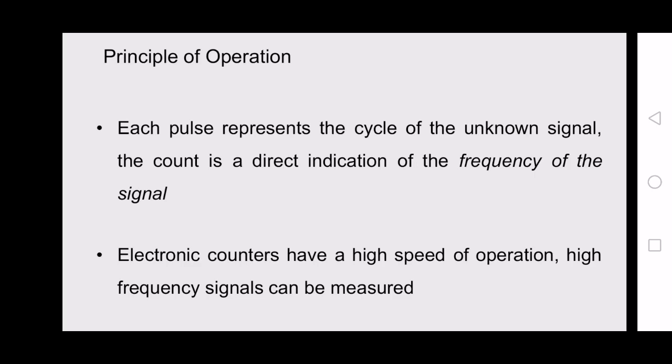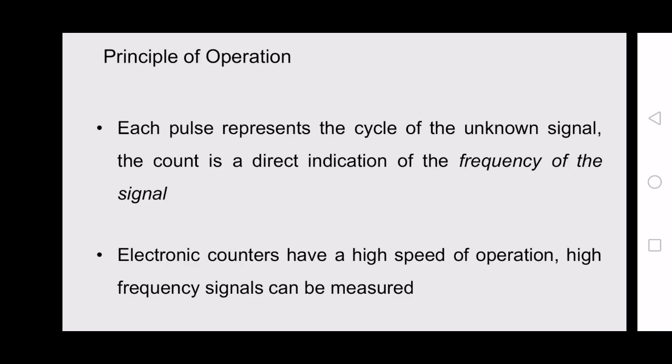In the basic principle that I'm explaining, a pulse is applied to one terminal of the AND gate, and the signal waveform converted to triggering pulses is applied continuously to the other input of the AND gate.